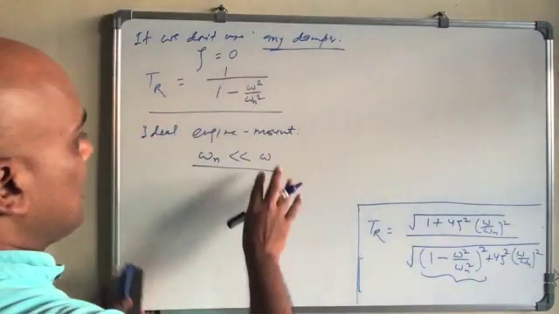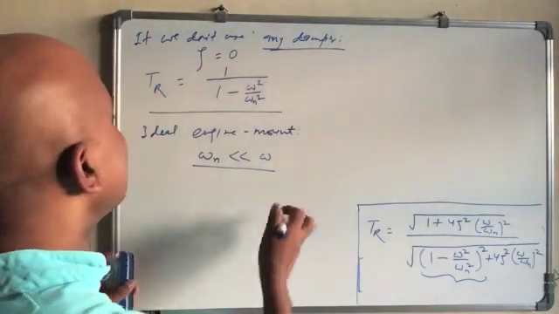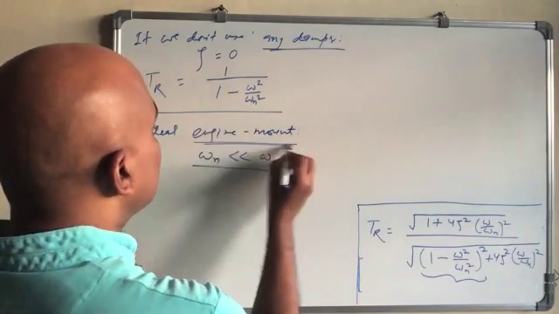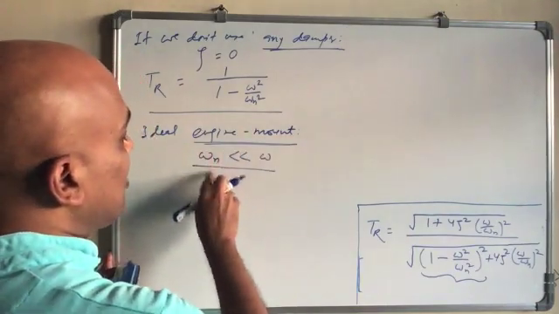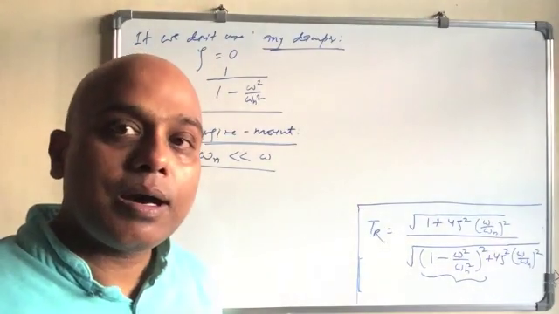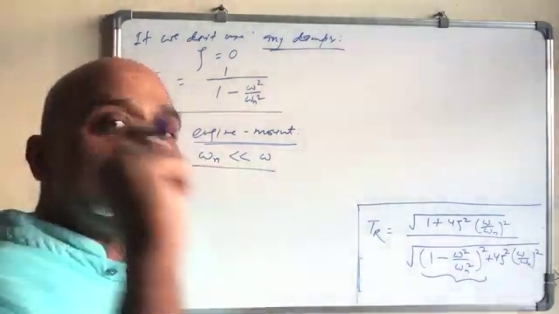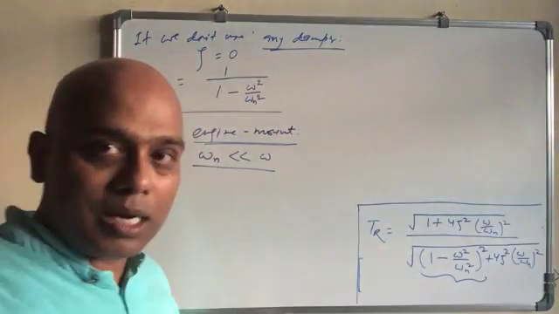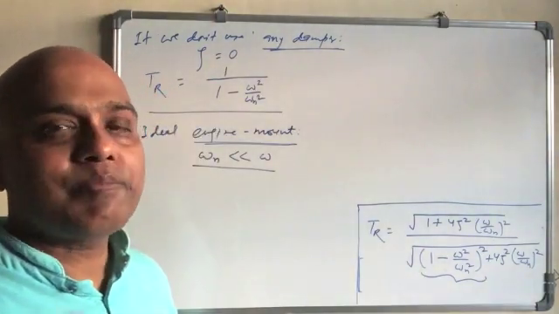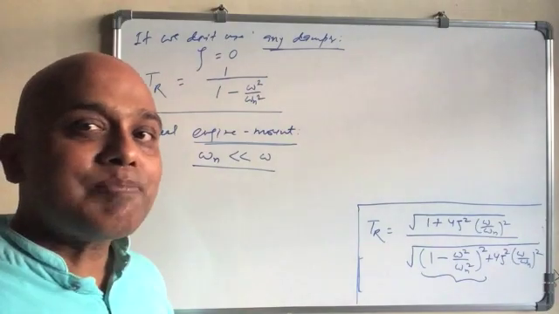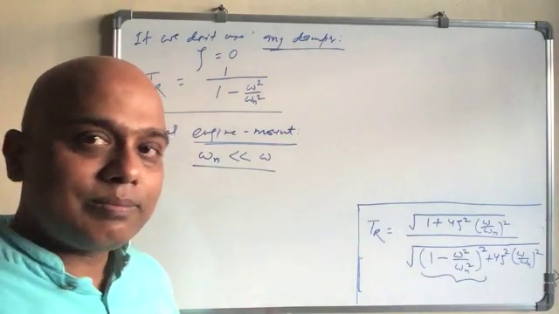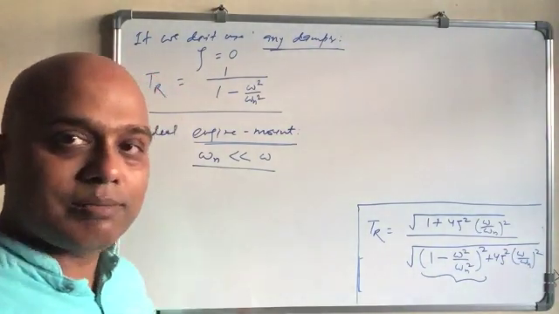Okay. So in both cases, what we see is the ideal engine mount will be when omega n is as small as possible in comparison with the operating omega, the angular speed of the rotor. Yeah.